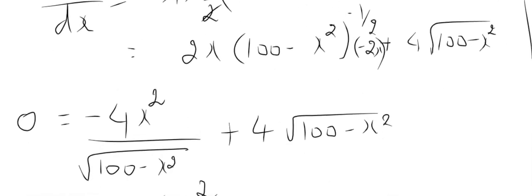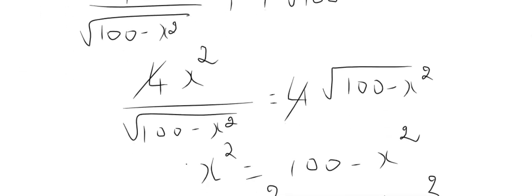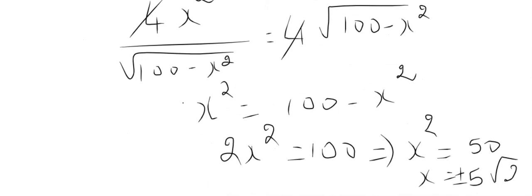Since dA by dx is equal to 0, now you can equate that to 0. So 0 is equal to minus 4x squared by root of 100 minus x squared plus 4 root of 100 minus x squared. On simplifying, we get x squared is equal to 100 minus x squared, or 2x squared is equal to 100, or x squared is equal to 50, or x is equal to 5 root 2.